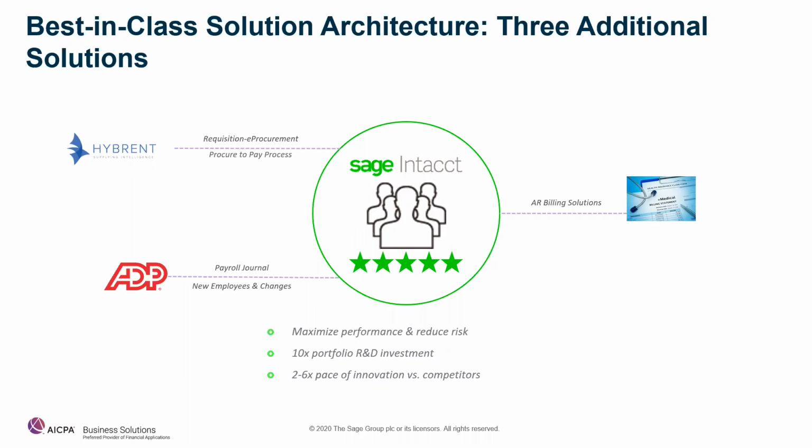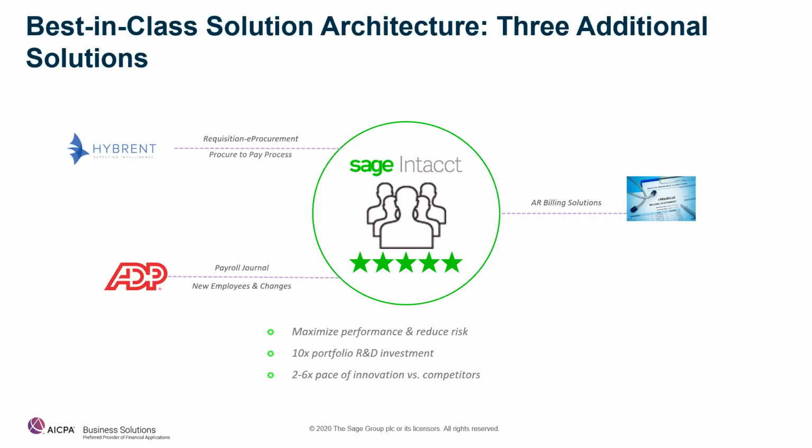And because of that, we align ourselves with other best-in-class applications to provide you with the best solution end to end. The diagram that you're looking at is just an example of what that solution architecture might look like. In the middle is Sage Intacct, that strong financial engine.